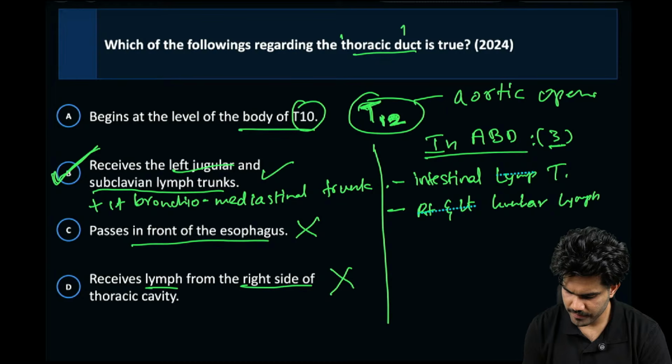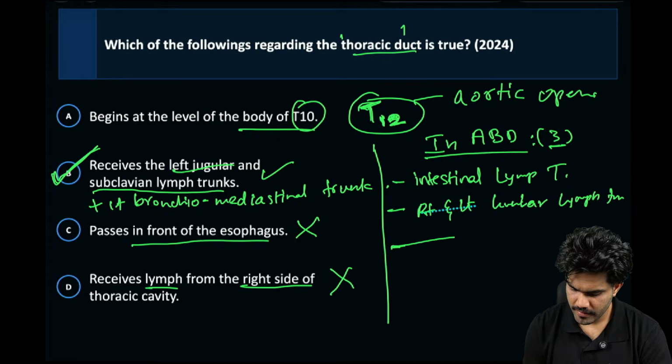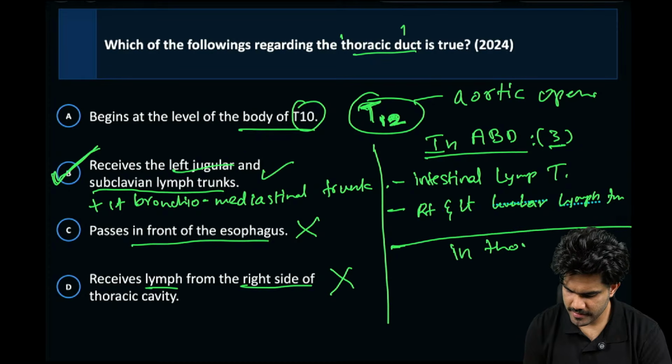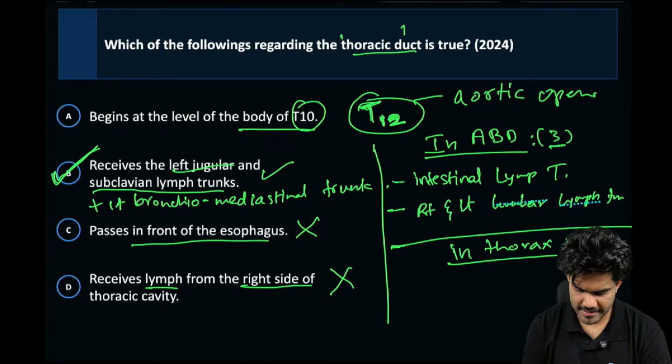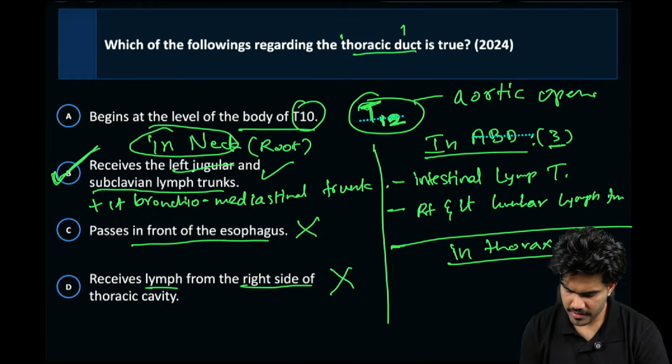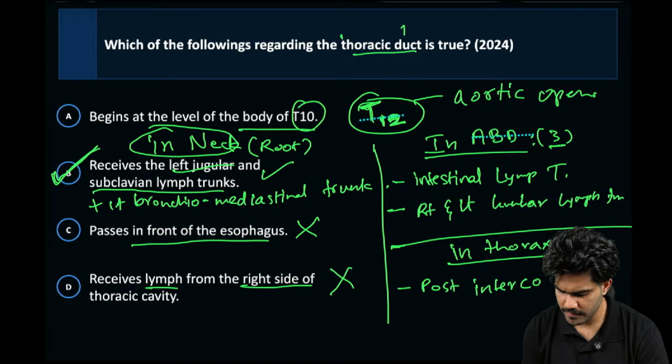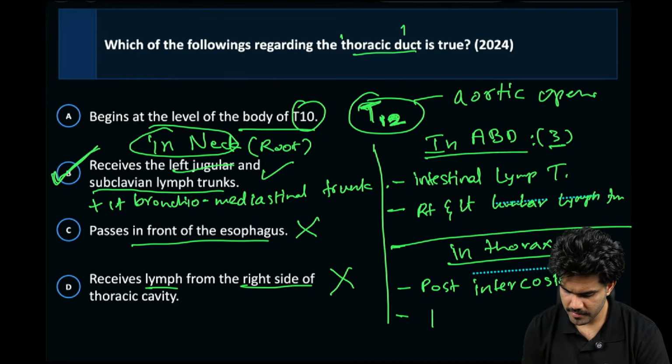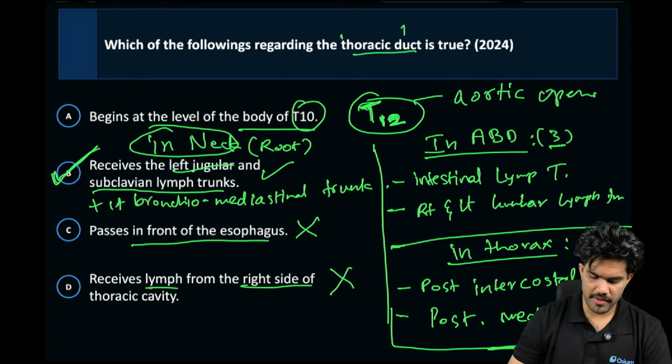So it will be total three. And then in thorax, here in the root of the neck, and here in thorax it has posterior intercostal lymph and posterior mediastinal trunk. Okay, this will be for this question.